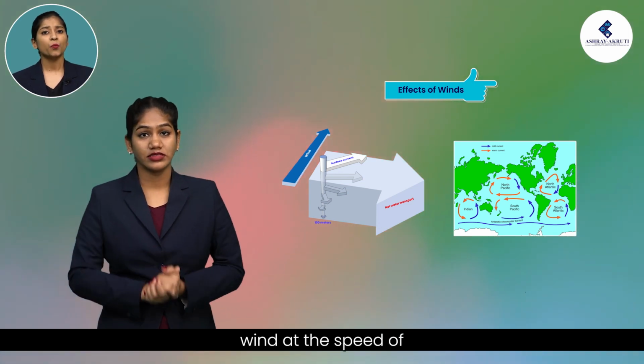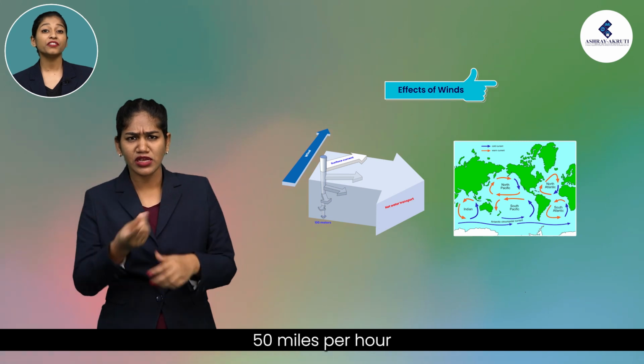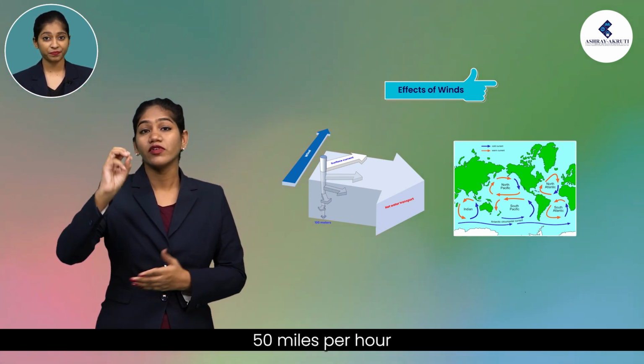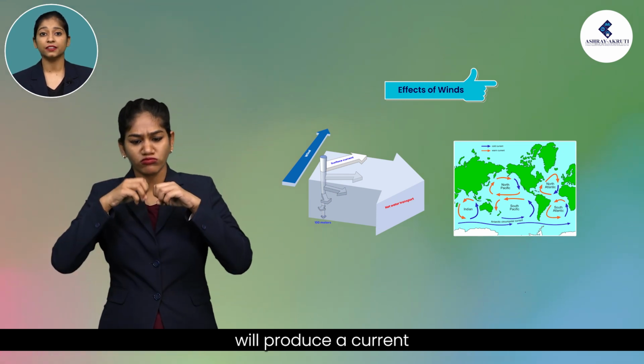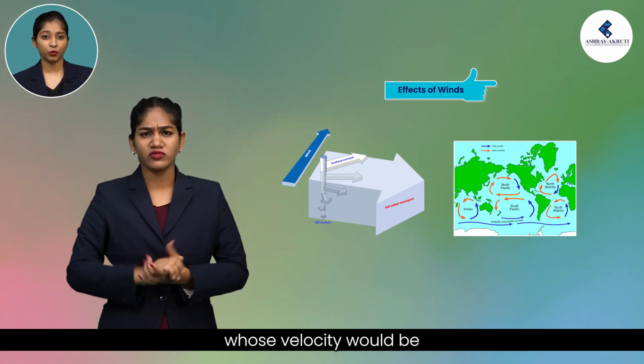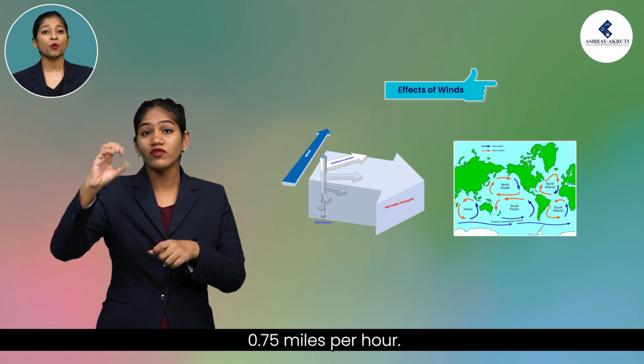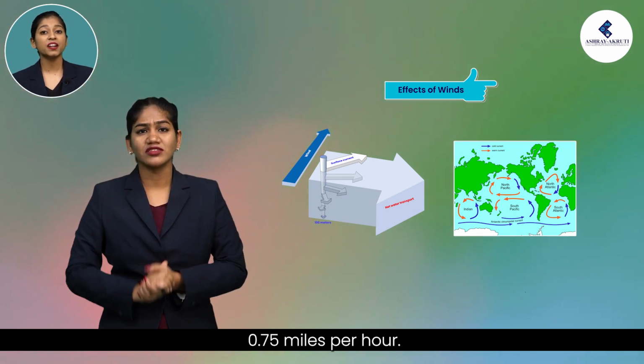Thus, wind at the speed of 50 miles per hour will produce a current whose velocity would be 0.75 miles per hour.